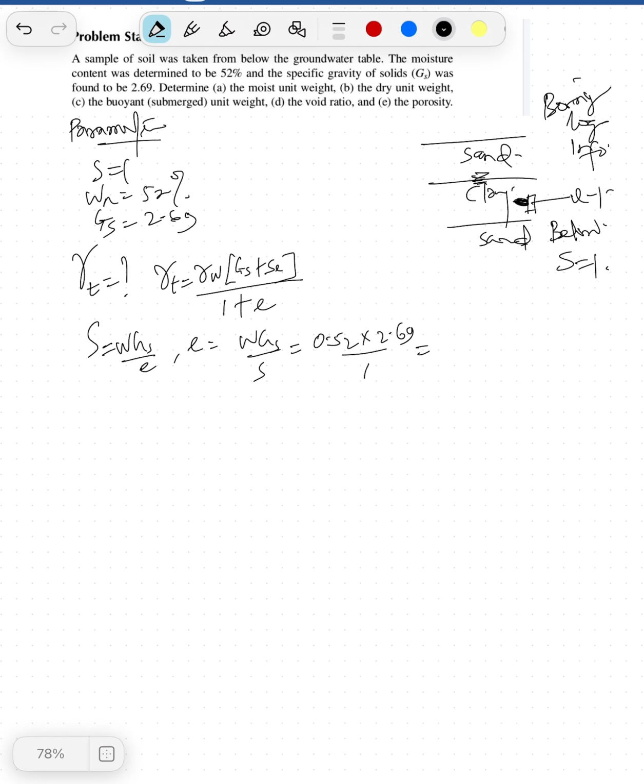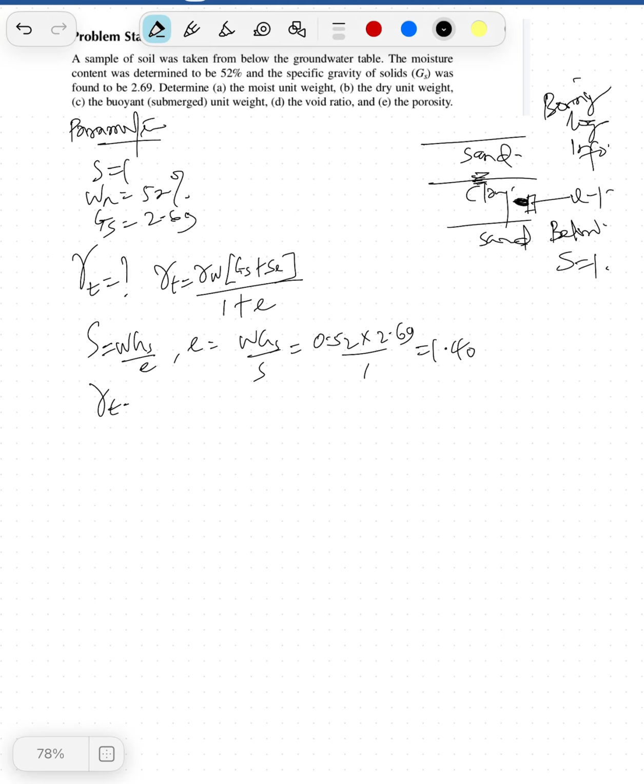So 2.69 times 0.52. With that, we know that our void ratio is 1.40.